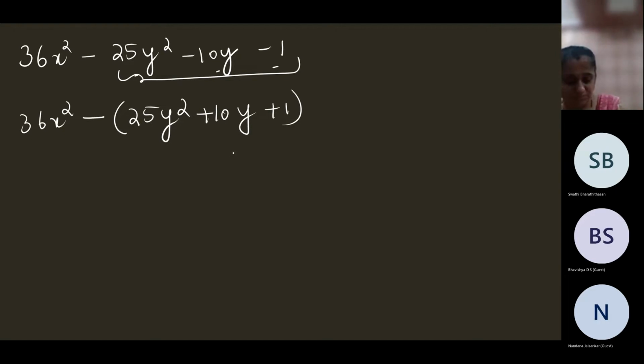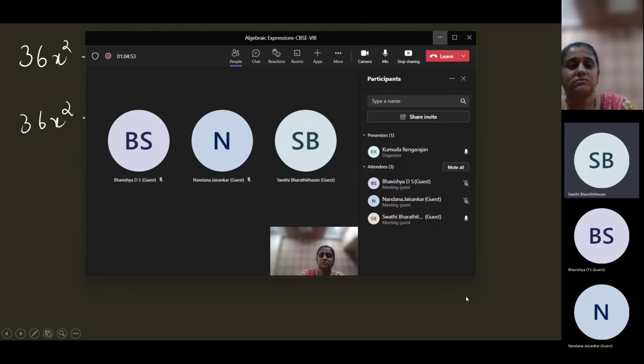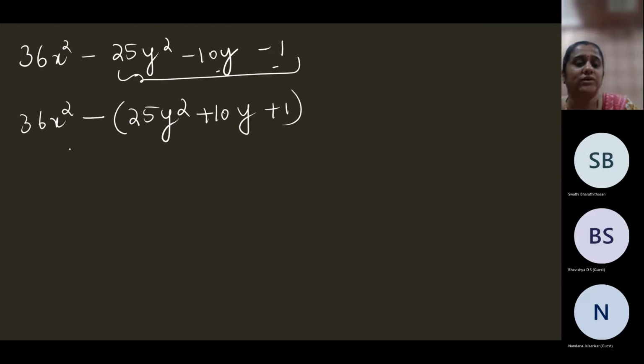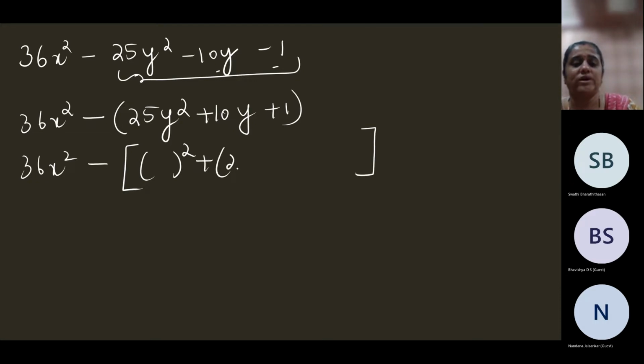Yes or no, children? Yes, ma'am. Okay, so now this is 36x square minus, use a square bracket, a square plus 2 into a into b plus b square.